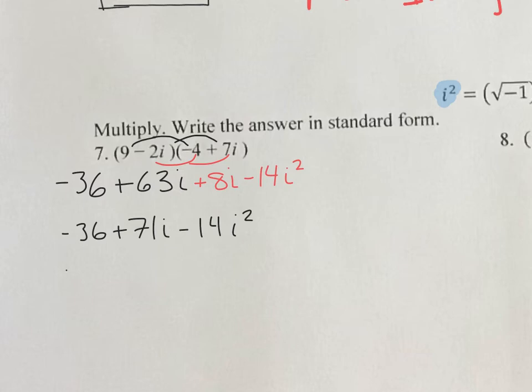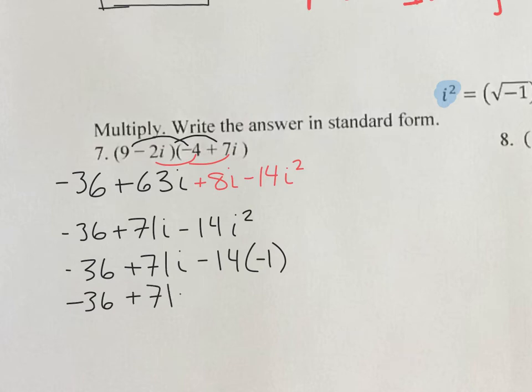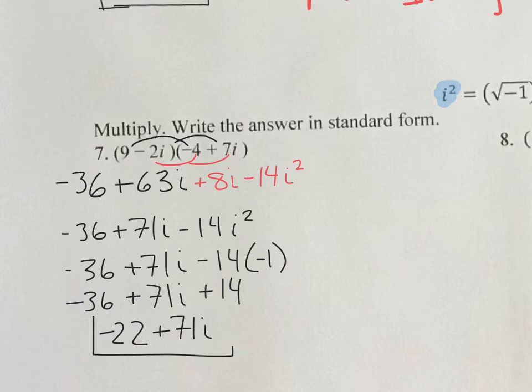And so we can replace it with the negative 1. And it looks something like that. Now, we can simplify that further by saying negative 1 times negative 14 is positive 14. Now, at this moment, we can see that there are like terms, the negative 36 and the 14. We could combine those and get a negative 22. So I have negative 22 plus 71i as my official answer.